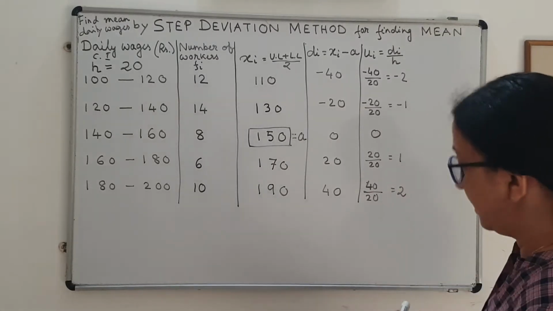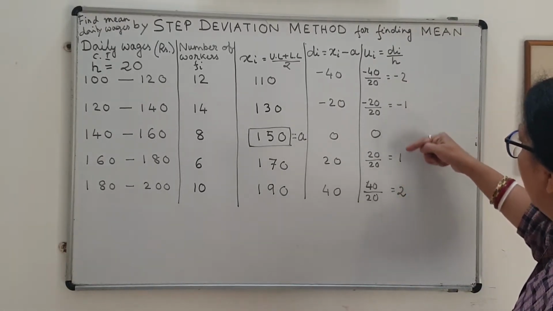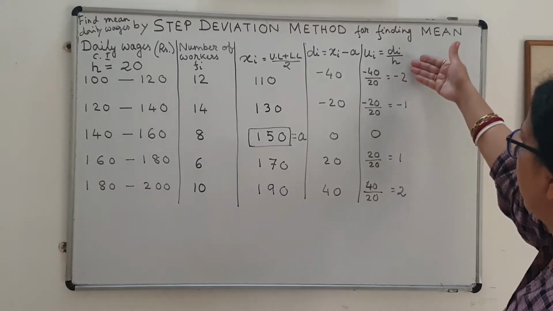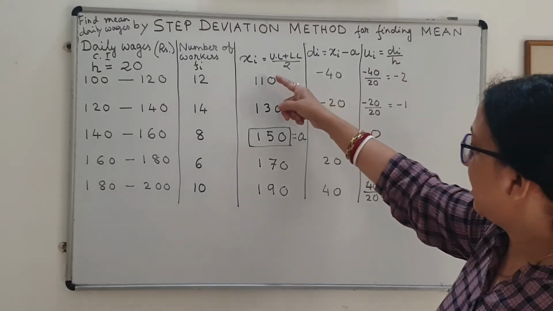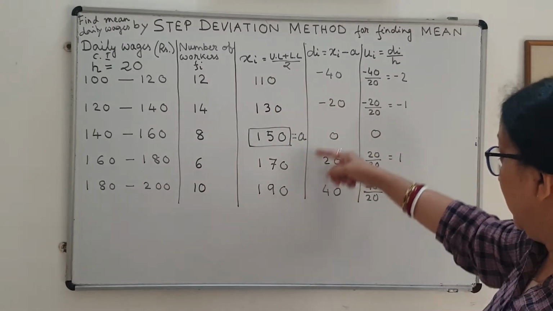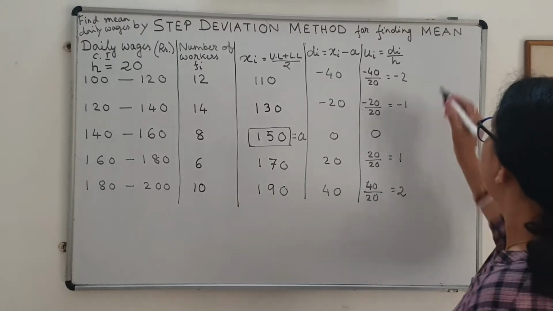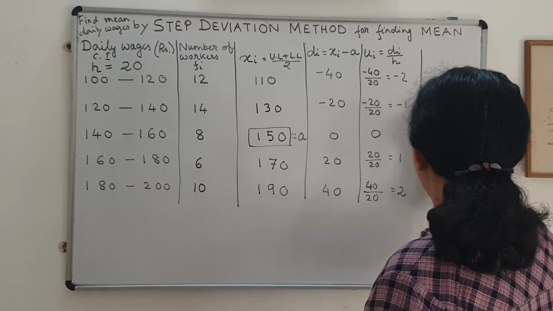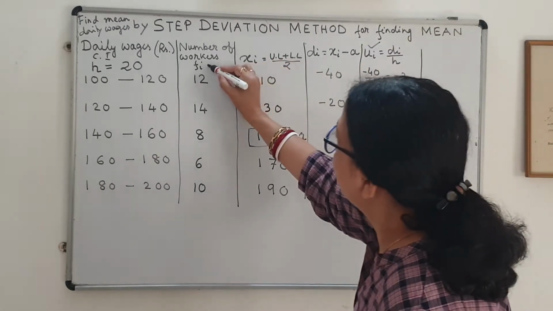Again, I see these values are symmetric: minus 2, minus 1, 0, 1, 2. So you see the size of the variable is reduced to quite a smaller size. Initially xi had such big values, di was smaller, but ui is the smallest. So now I am in a position to multiply these ui with the frequency.